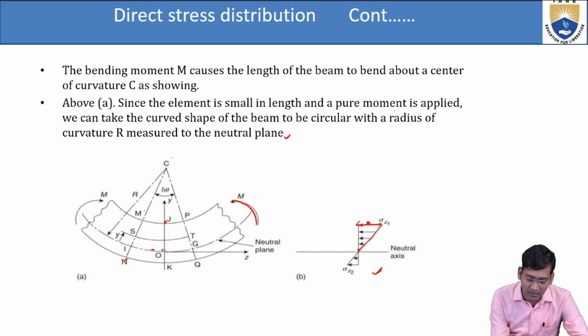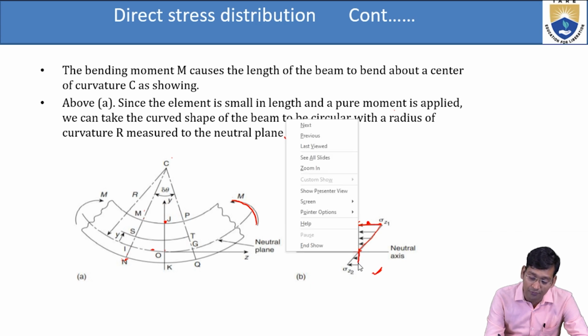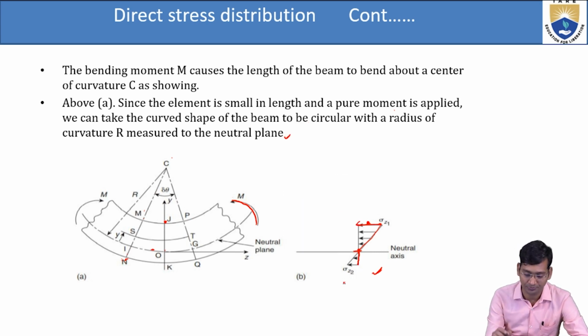Near the neutral plane there is less tension and so less elongation, and the farthest one will experience more elongation. Here you can see that near the neutral plane the tension is lesser. As we move away from the neutral axis, it experiences more tension, meaning more stress will be there.